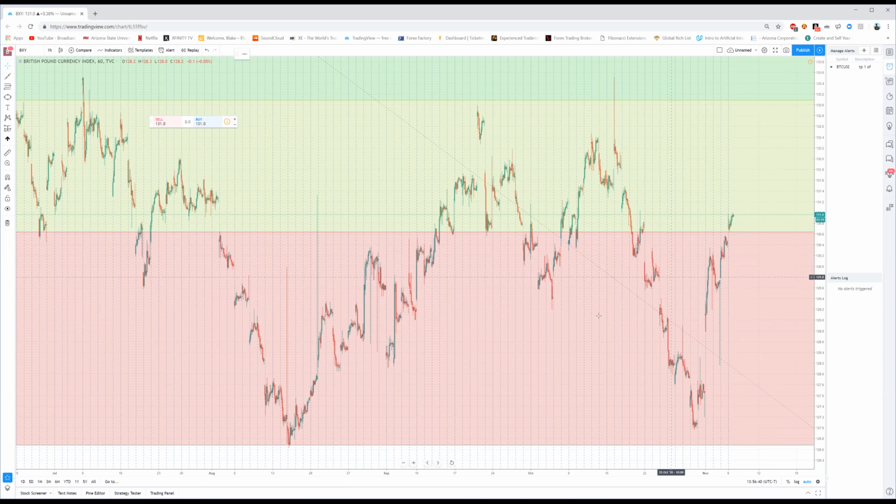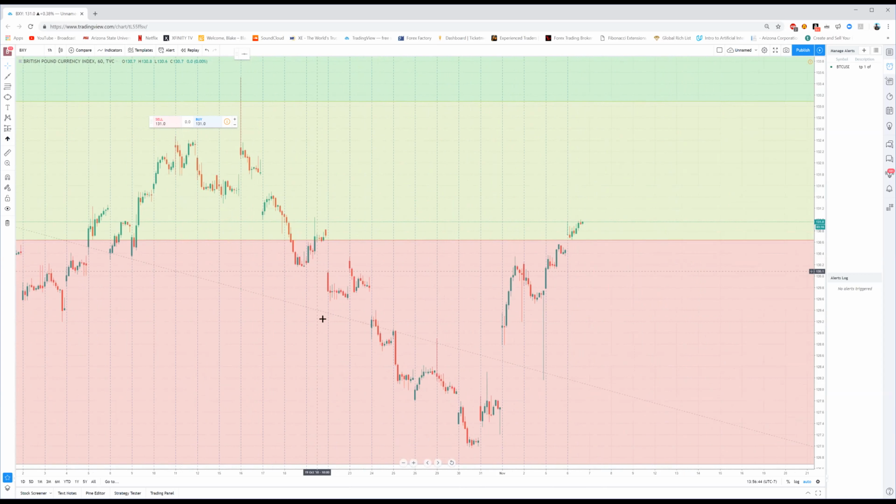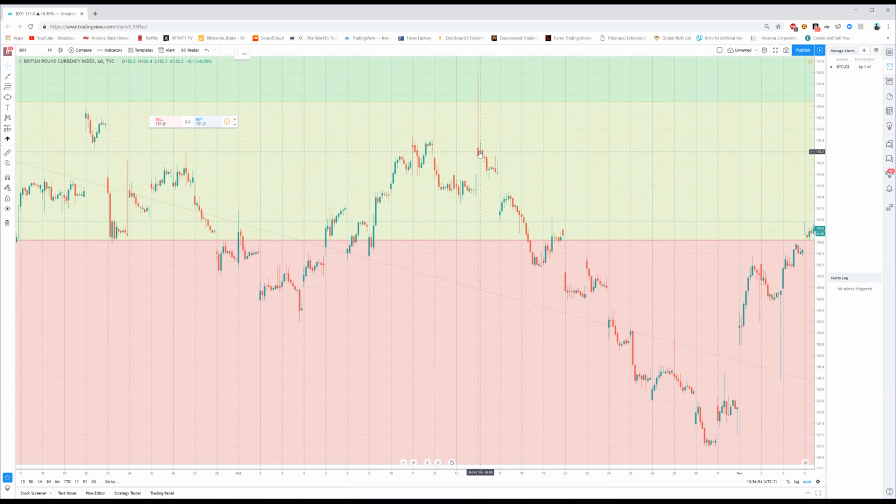And if you're wondering why pound has been increasing so much lately, this is why. Basically, it was coming down for a long time off of a very, very strong hammer. This is an extremely strong hammer. Look at that huge, huge wick.